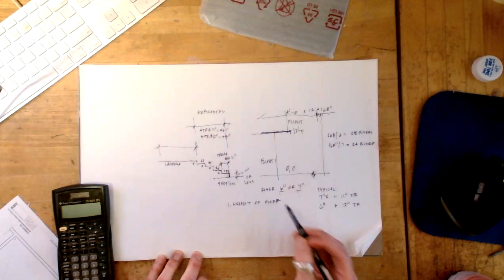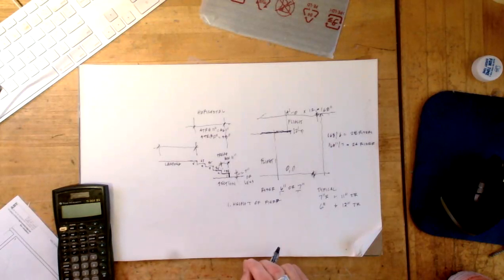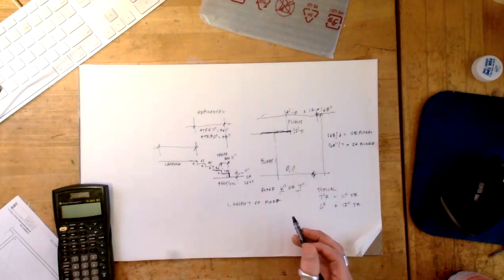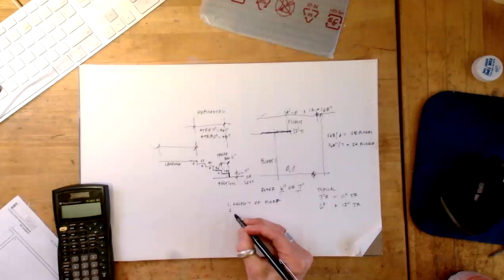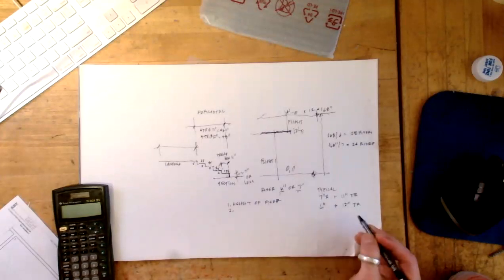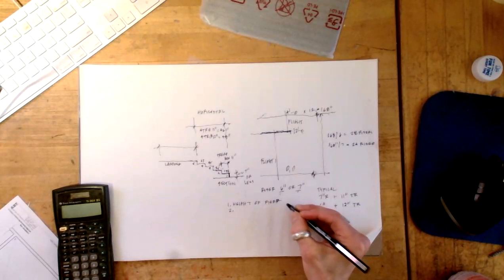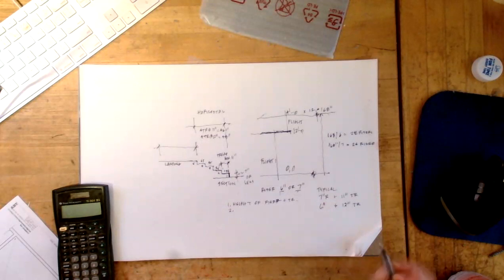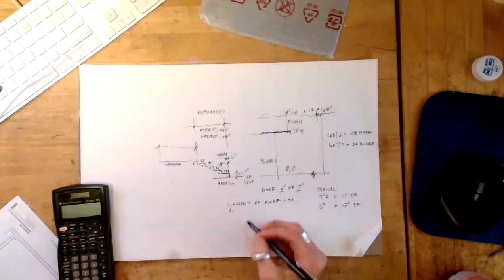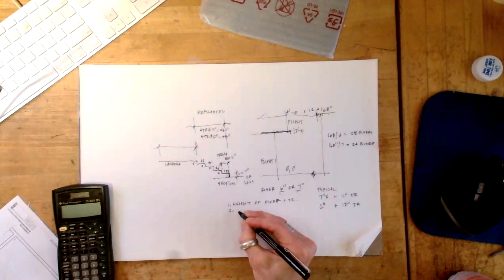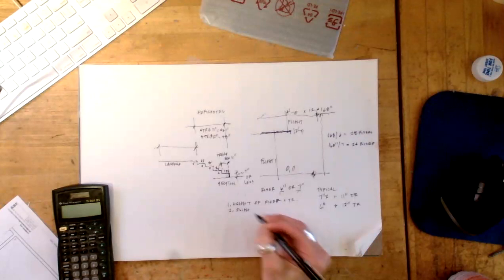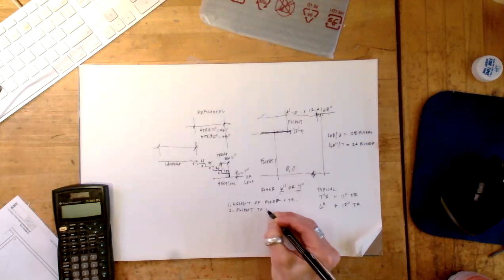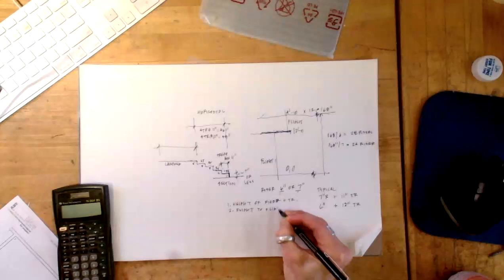So you decide on the height of the riser. Then you need the riser plus tread combination, which I explained here. Riser and tread. So 7 and 11 or 6 and 12. Then you need the floor to floor or flight to flight heights.